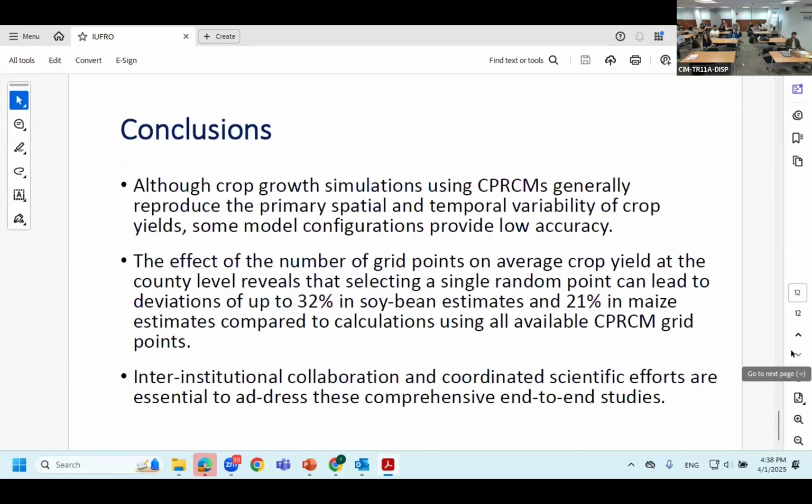However, going to the end, although the crop simulation generally reproduces primary spatial patterns and probability, some model configurations provide very low accuracy. This is very important because these models at 4 kilometers are very hard to run. And for instance, now we want to apply for climate projections.